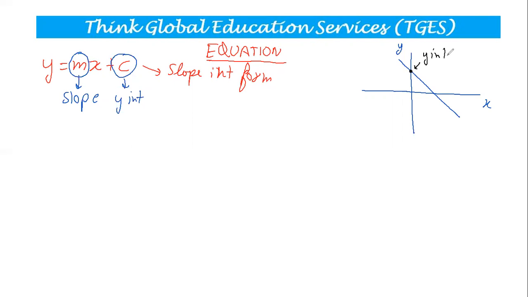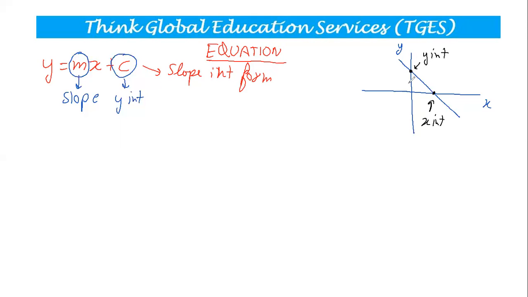Similarly, the point where it cuts the x-axis is called the x-intercept. So the name itself suggests y-intercept, x-intercept.